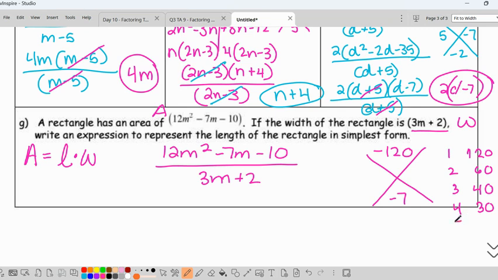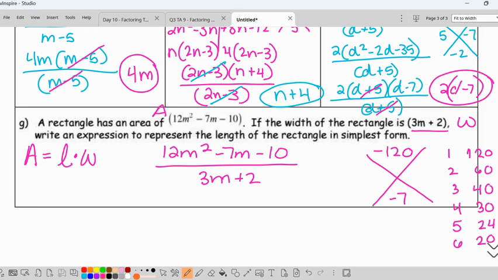So let's see, 5 and 24. 6 and 20. 7 I don't think works. Let's see, 120 divided by 8. Would that work? So we want to keep testing out to see if we can find our factors and see what we can come up with.